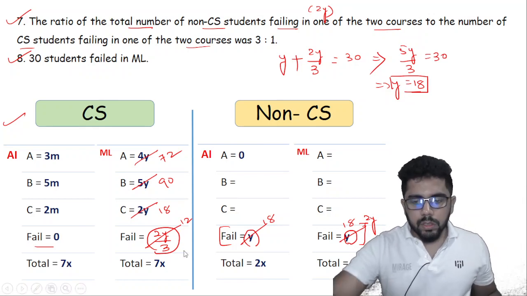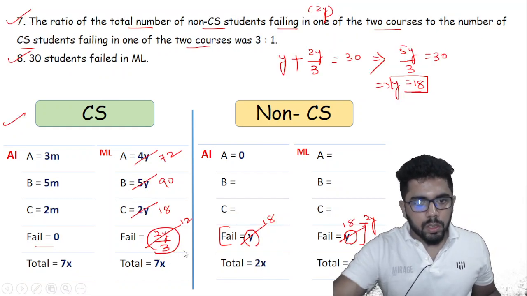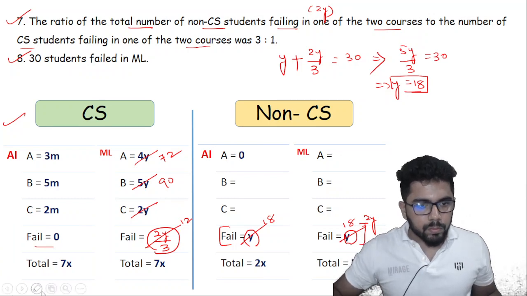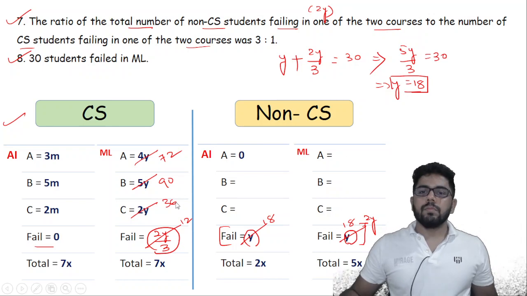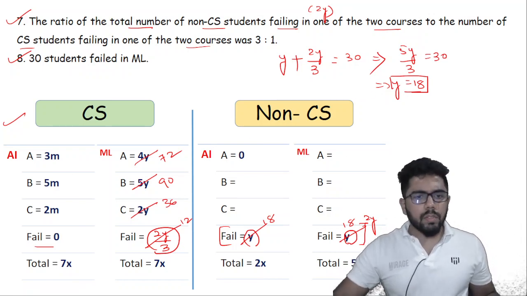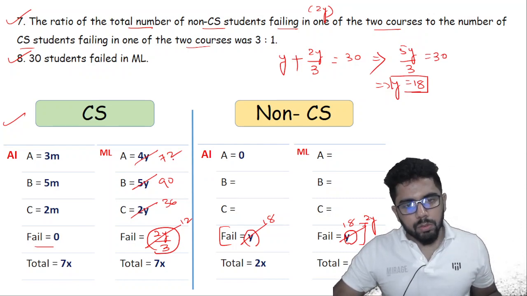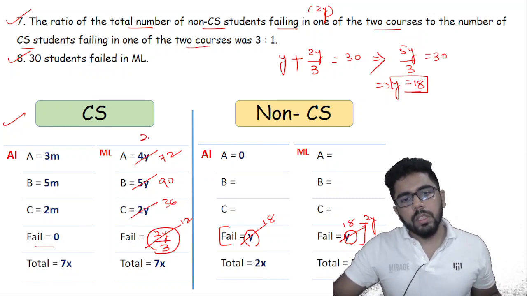So if you solve this, sorry, this number is 2 into 18, so this will be 36. My mistake. So y we got as 18, so wherever you see y, you can put the values. So if I add this now, 72, then 36, then 12, 120 plus 90, 210.